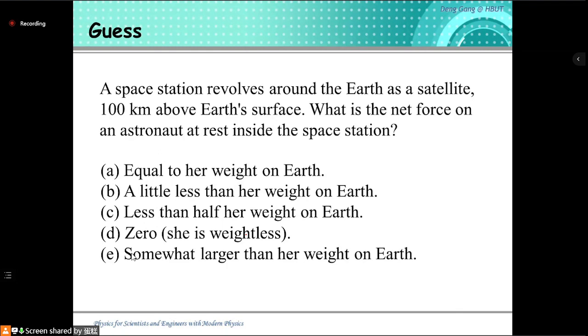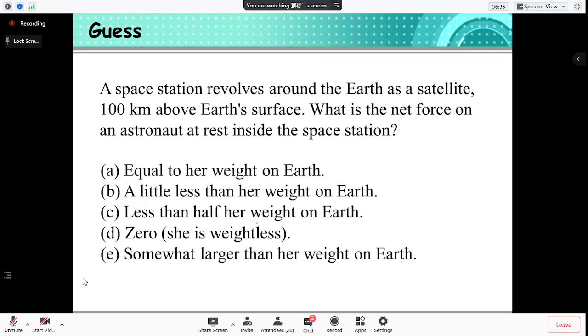Okay, first, before we start this chapter, there's a question. You don't need to tell me the answer. You can just guess and keep your answer in your mind. A space station revolves around the Earth as a satellite, 100 kilometers above the Earth's surface.